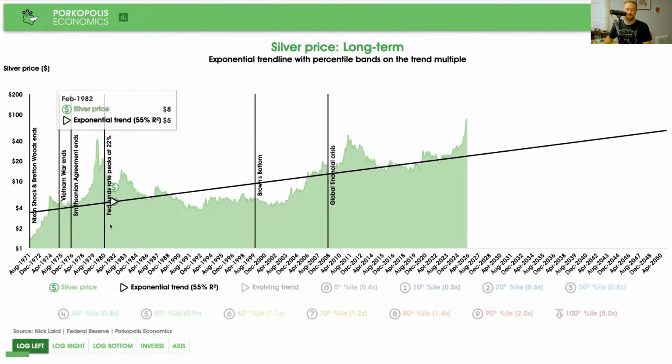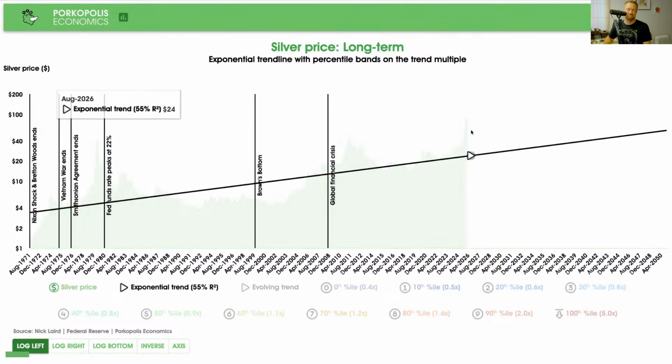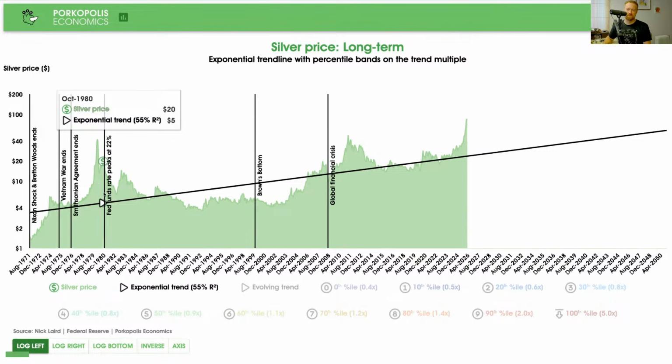I mean, way above, way below. But that's the trend. That's the best fitting trend line for silver, an exponential trend at 55% R squared. And I suspect, why would one suspect anything different than a retracement to the trend? Eventually.